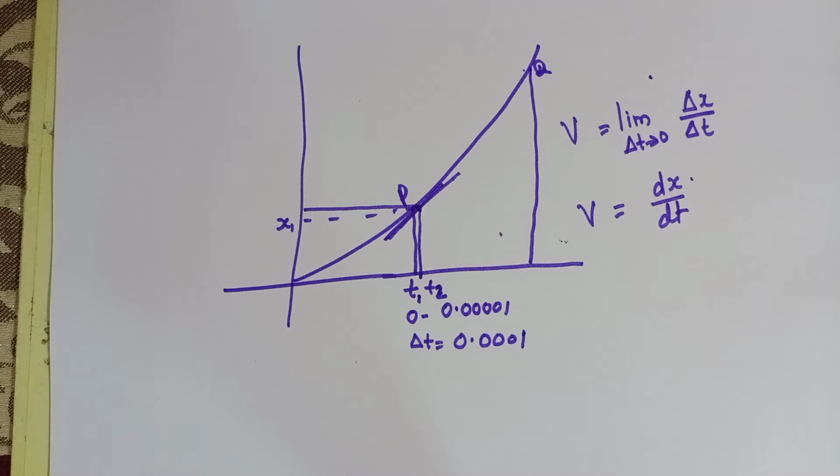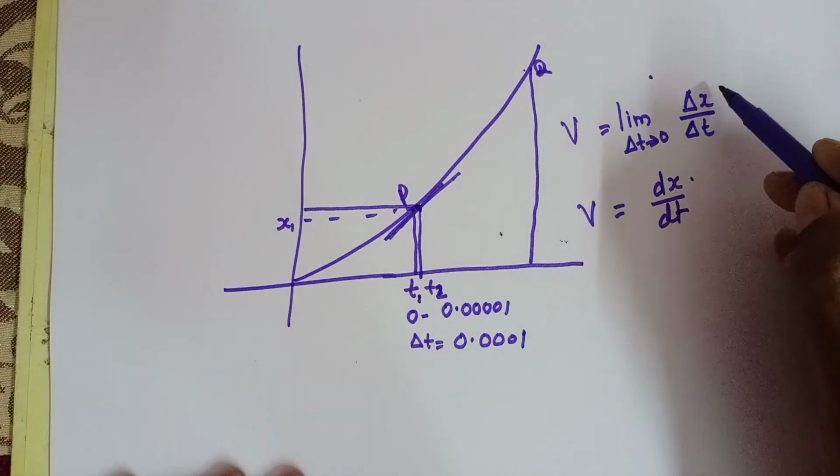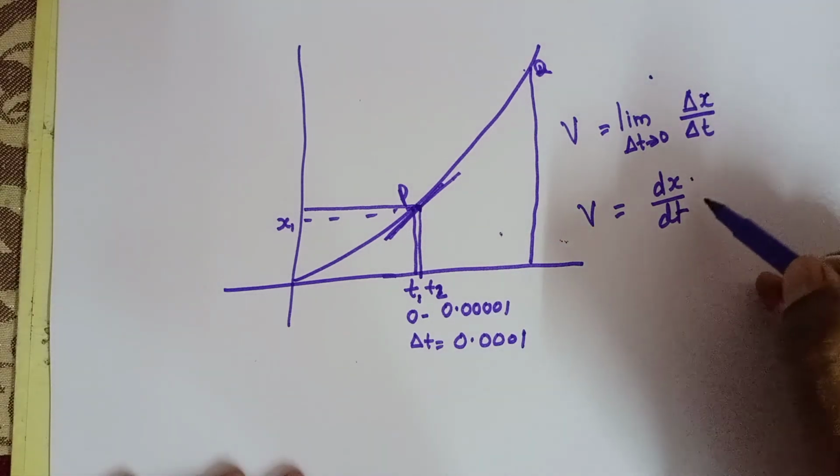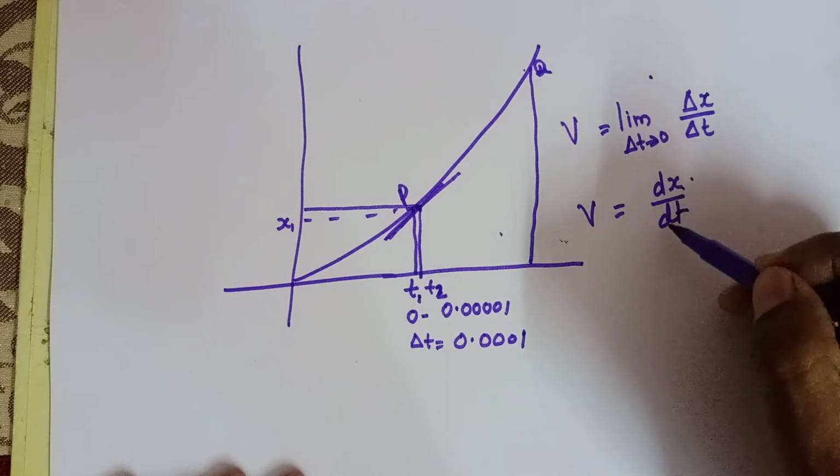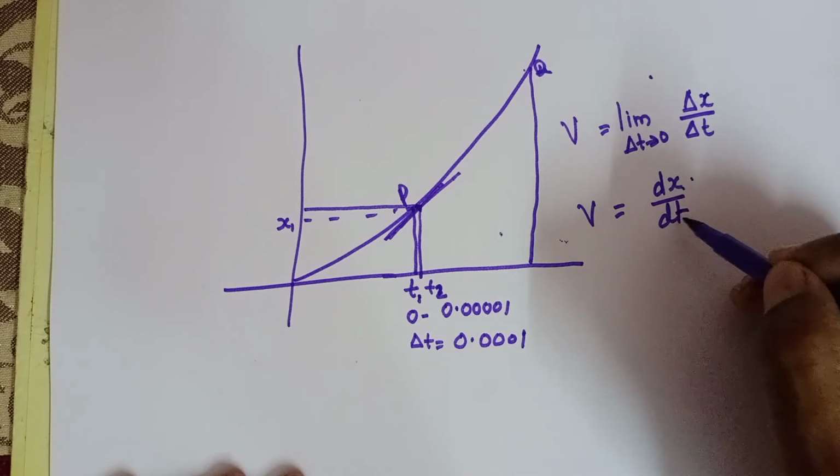Whenever we calculate the velocity, we require the total distance upon total time. But if we want to calculate the velocity at one particular instant, we require differentiation, and this is called the differential coefficient of x with respect to t.